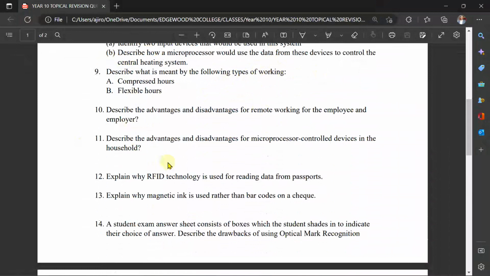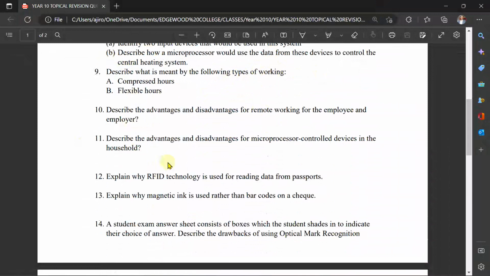Question 12 talks about explaining why RFID technology is used for reading data from a passport. Now, radio frequency identification is important because you have a passport, and there is certain information on the passport that the RFID chip is going to take out.